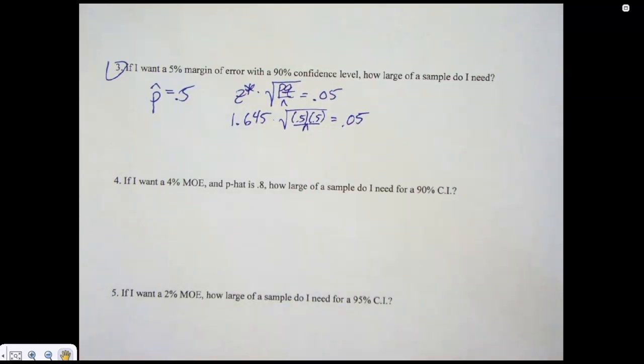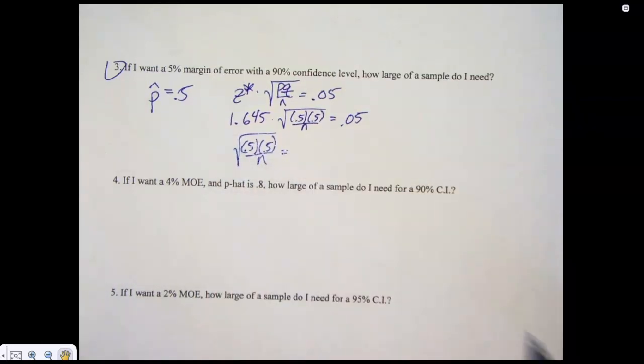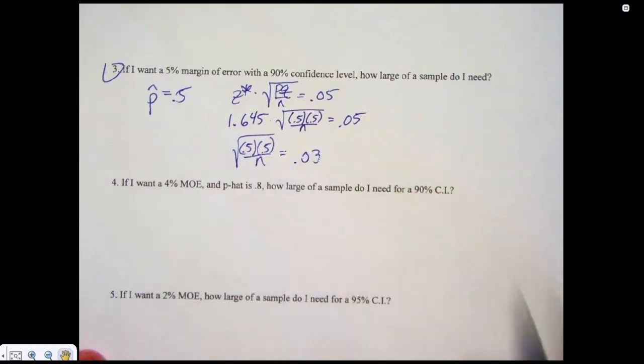What's my next step? What do I type into my calculator next? 0.05 divided by answer, right? Second answer. So that's 0.03, but it's stored in my calculator as a more accurate version of that.